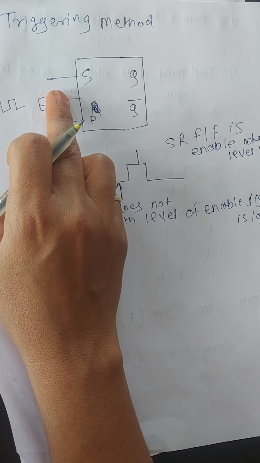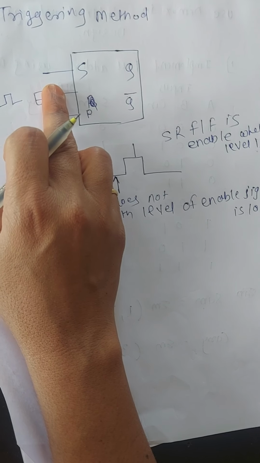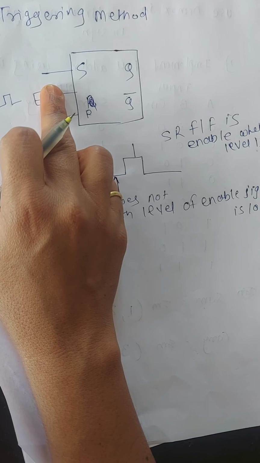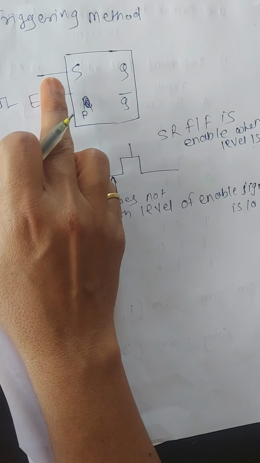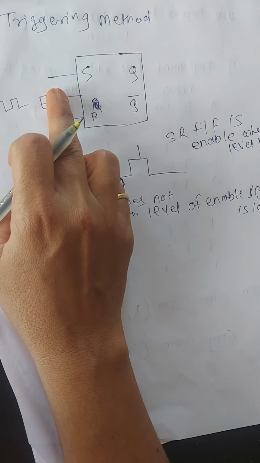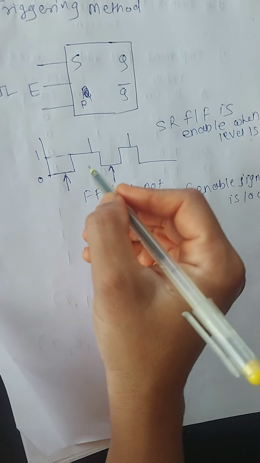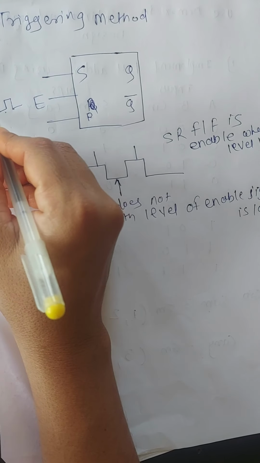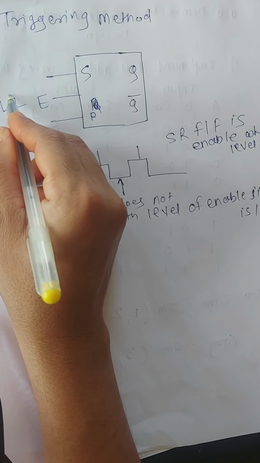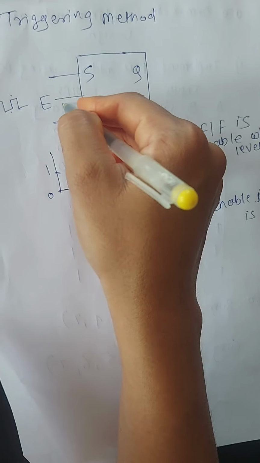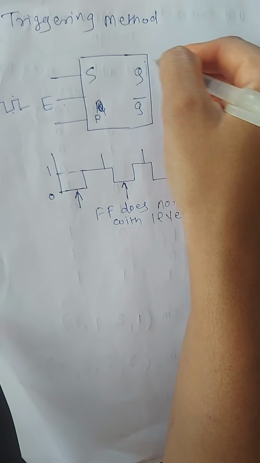The circuit will respond to change only at steady high or low levels of the clock signal. Means when this clock signal is at high level, the enable signal is 1, then the flip-flop will change its output.